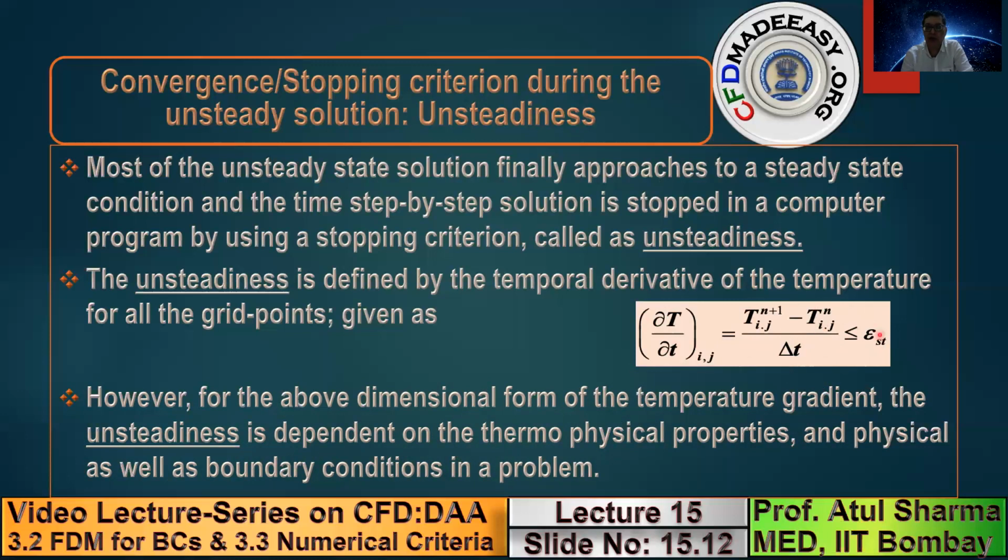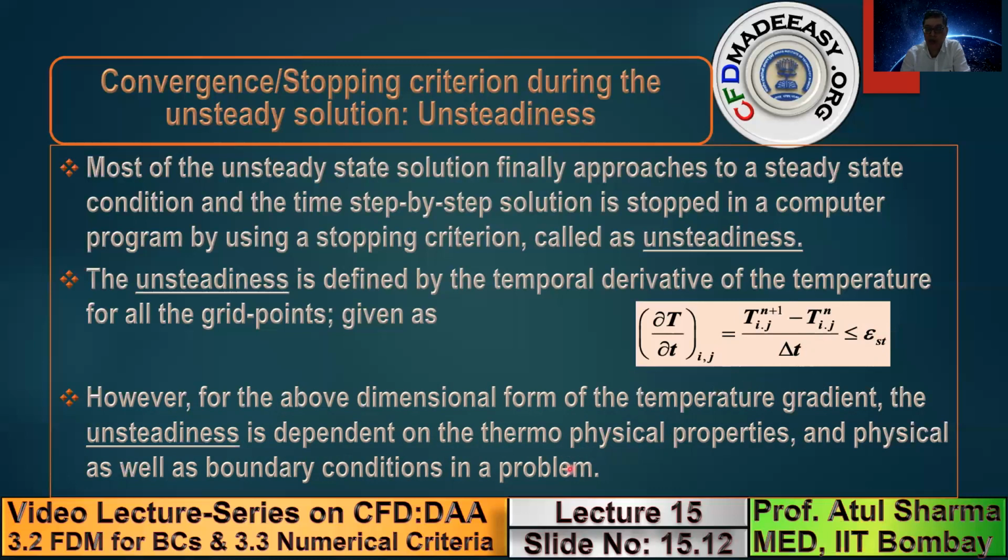But if I use 10 to the power minus 4 for some other material, let us say aluminum, then I find that I'm not getting the proper steady state, because finally when I compare the two pictures, I see that there is a difference. Even in copper, maybe with 10 to the power minus 4 the temperature is not changing, but in aluminum it starts changing. So this unsteadiness is dependent on thermophysical property.